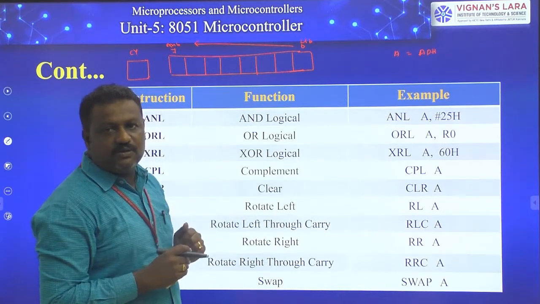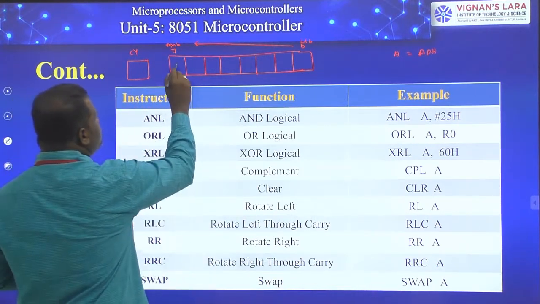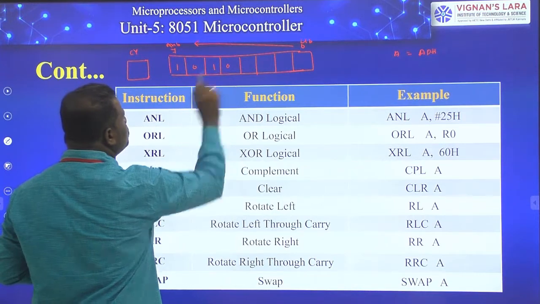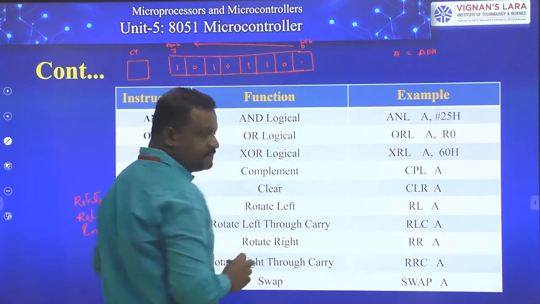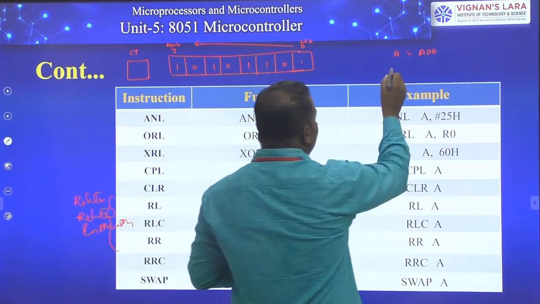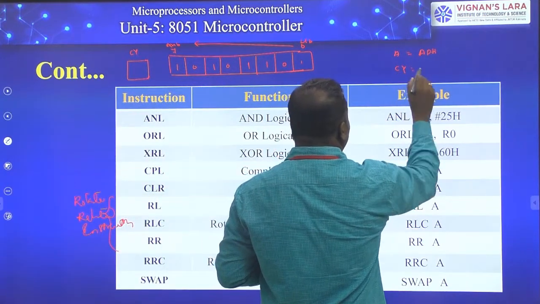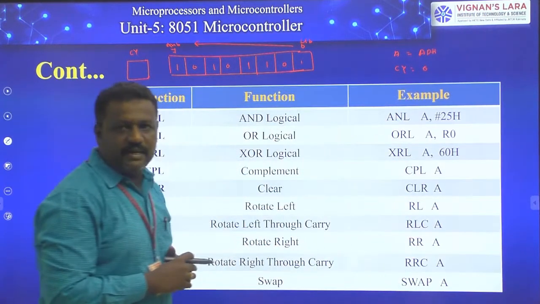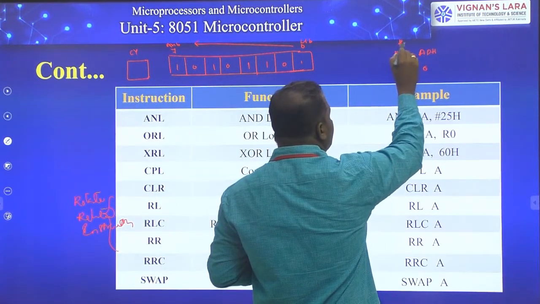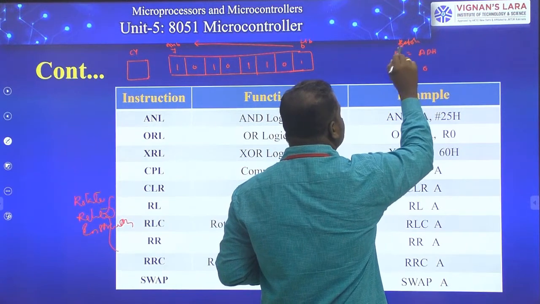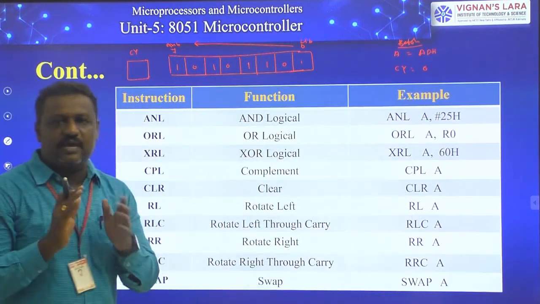What's the equivalent value in binary? A is 1010, D is 1101. At the same time, my carry flag CY value is initially 0. This is the scenario before execution of the instruction RL space A.